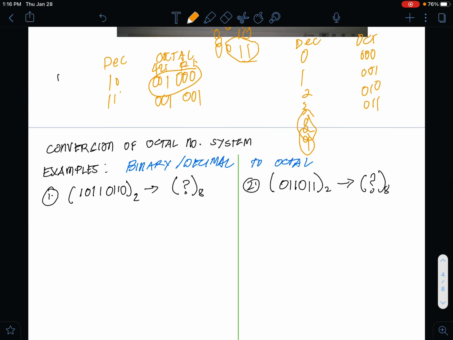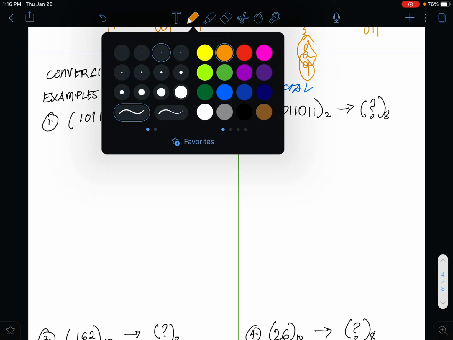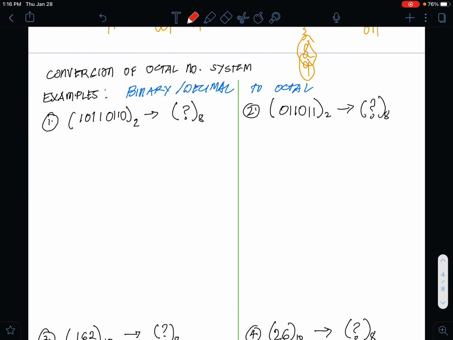Now, let's have an example. Conversion of octal number system. So, here we have number 1, which is 101101110, binary to octal. This is binary, right? Ones and zeros, remember? And base 8 again is octal.